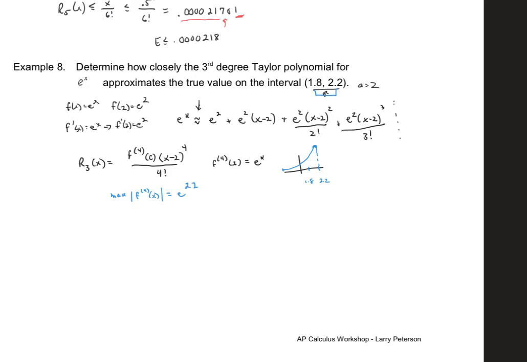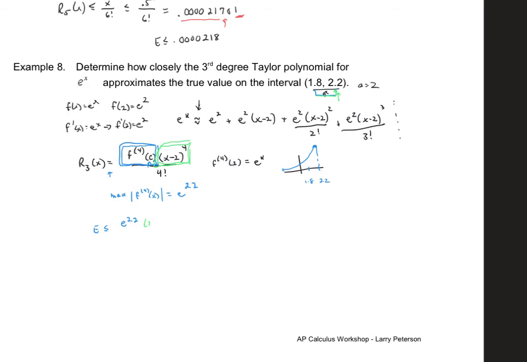Does that make sense? So when we're doing our error bound, we know that whatever this c is, we don't know, but we do know that our error is going to be less than or equal to e to the 2.2, which is what we're going to replace this by. Now, we want to know what's the largest this could be on the interval. Well, again, x minus 2 to the fourth will be its largest at that biggest number.